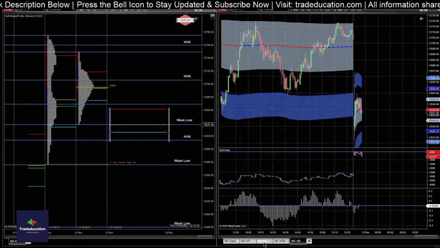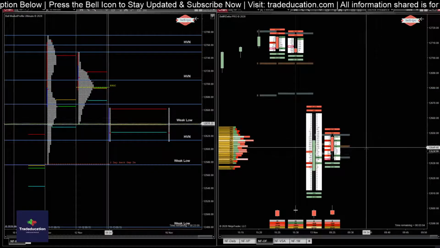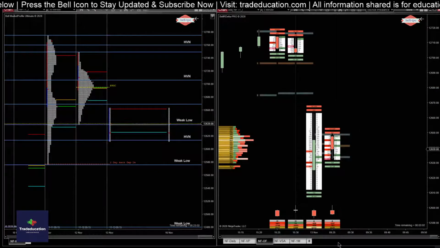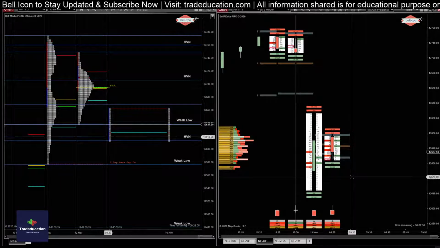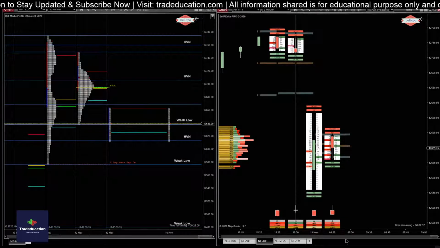Delta is negative, not a good sign, but selling is getting absorbed. Auction is right now just trying to be below VWAP.